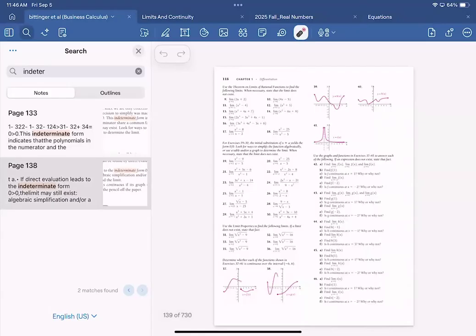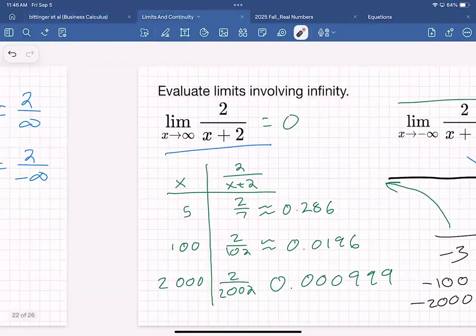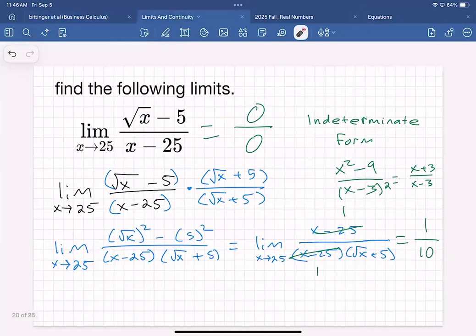Well, as they come up, I'll make sure to cover more. So far, this first section only focuses on 0 over 0 for the indeterminate form, because that points me to, hey, I could try to simplify. So make sure you see here, this is the main one to watch for. Infinity over infinity, we'll take care of as we move forward, okay?